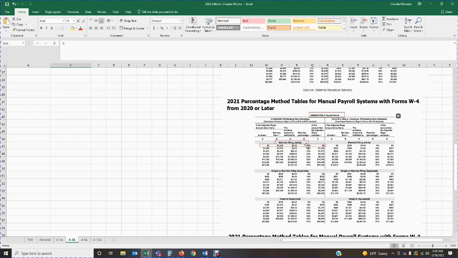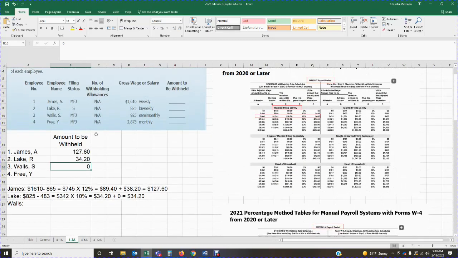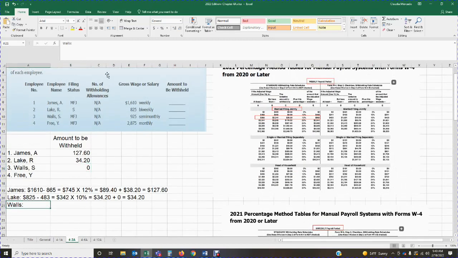He did not make enough money to be taxed on his earnings based on being married filing jointly. He made below the threshold, so no taxes will be deducted for that specific employee. We didn't have to do any calculations because no taxes will be charged based on that specific tier. So Walls, no federal income tax.